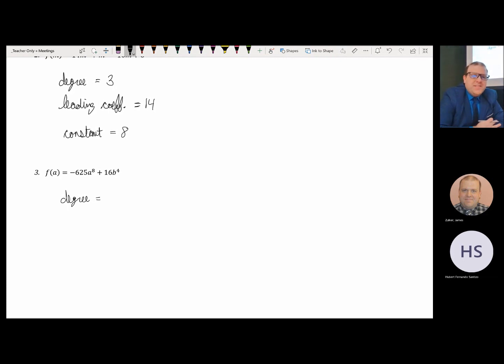What's the degree? 8. Leading coefficient. And what's the constant? 16b to the fourth is our constant.